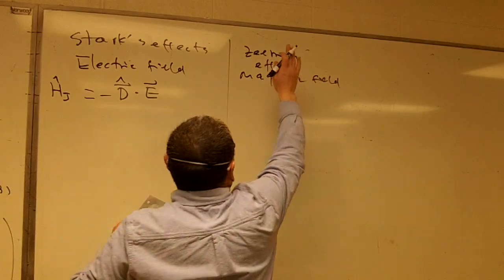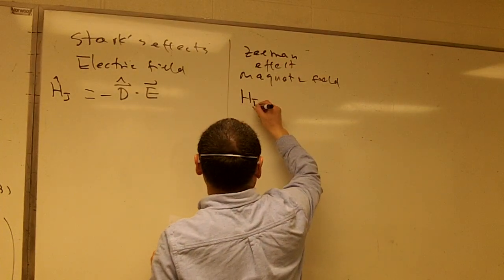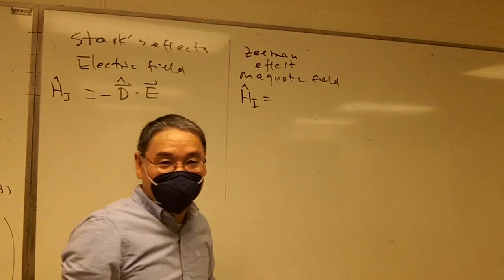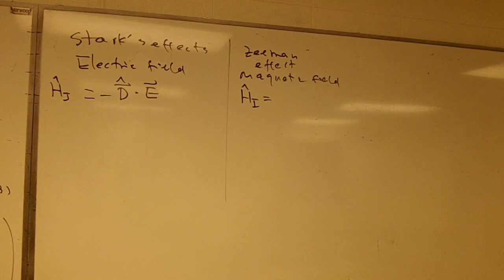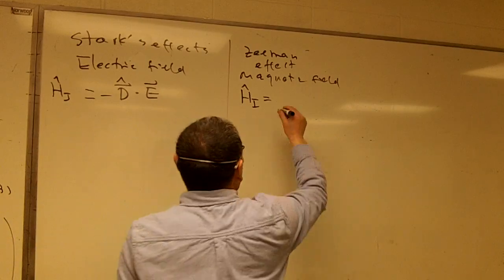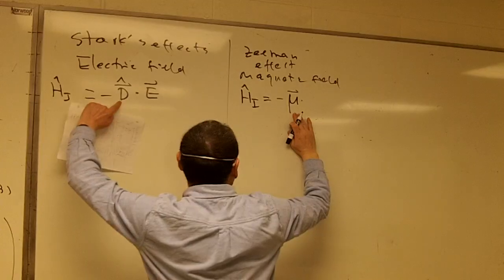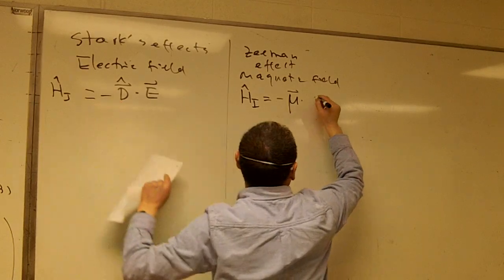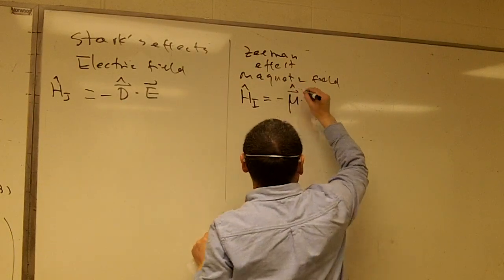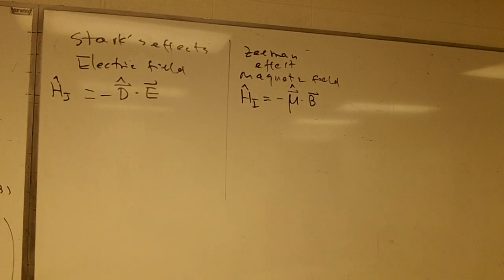And for the Zeeman effect, we are a chapter away for the moment, but this is very close now. For the Zeeman effect, we use the magnetic moment times the magnetic field. This is the dipole moment, and this is called the magnetic moment. They're in one-to-one correspondence.